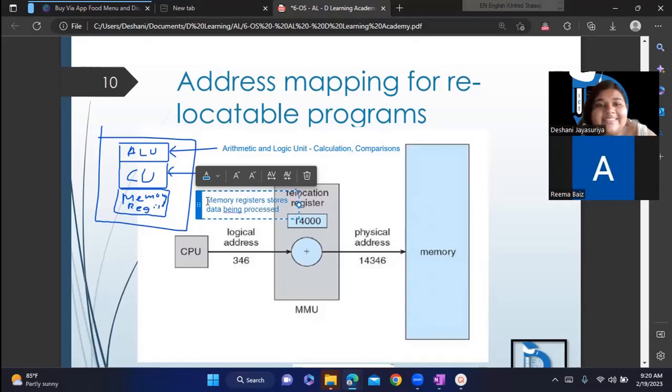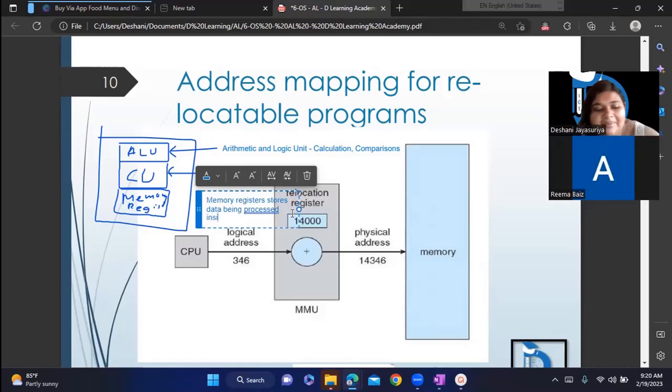So whatever you process in a CPU's ALU and control unit will be stored in the memory registers of a computer, right? So the memory register stores the data being processed inside the CPU.